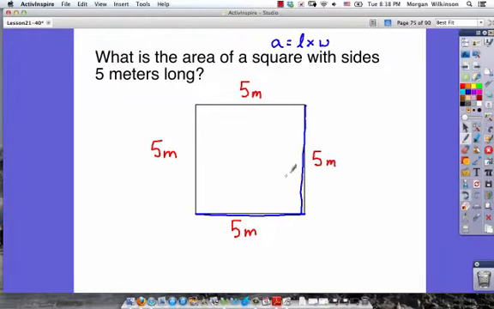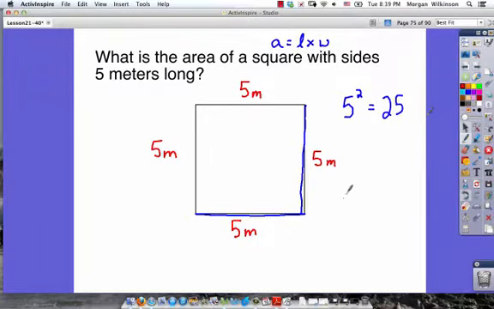So in this problem, our length times our width, 5 times 5, well, that's the same as saying 5 squared. And we know 5 squared, same as 5 times 5, that must be 25. This problem is asking us for the area of a square, so we must have square units. So this problem is going to be 25 square meters.